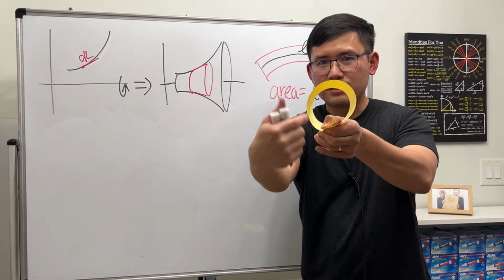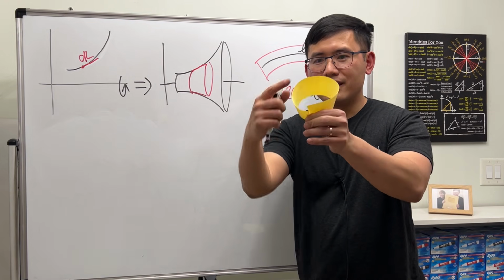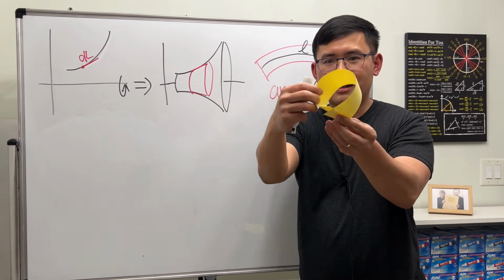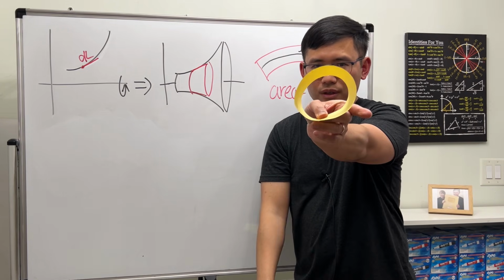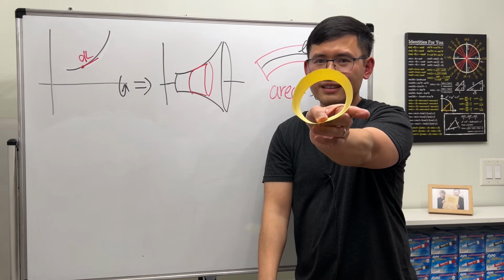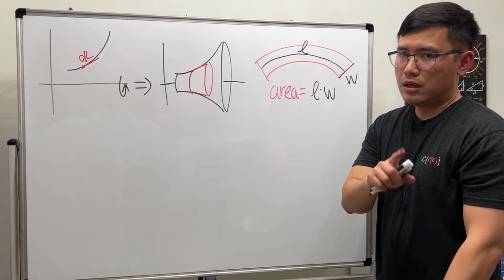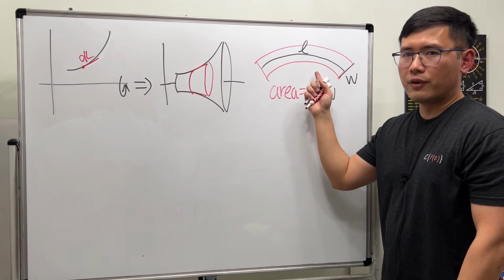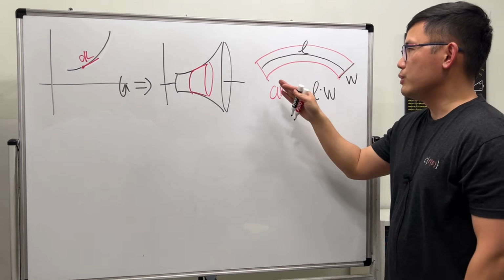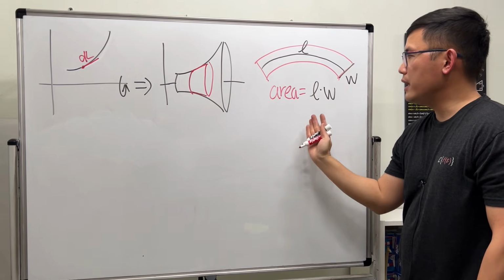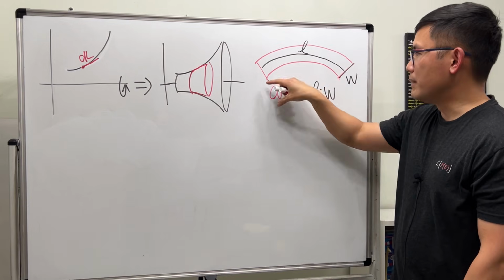We have a circle, don't we? The L is the circumference of this circle, if you look at it from this point of view, right? I will do a proof of this formula later on. It behaves like a rectangle. What you can do is you can also try it: you have a big sector and then you subtract a small sector.